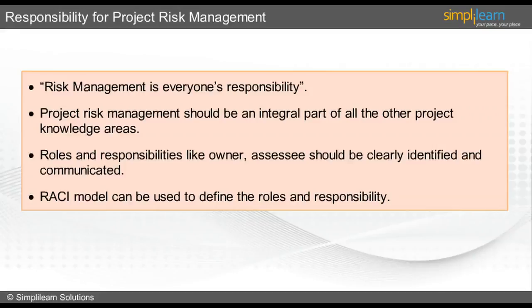And I stands for inform, that is, the person who will be informed about the status of risk management progress. Defining the responsibility of stakeholders for project risk management will not end here. It is important to understand the role of the project manager from the project risk management point of view. In the next slide, we will understand the role of the project manager.